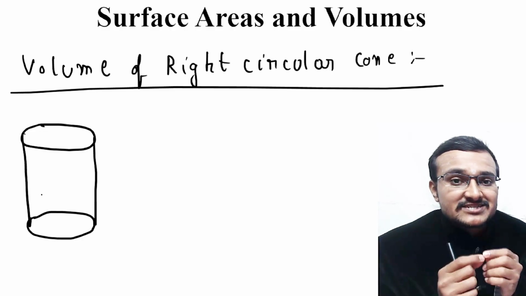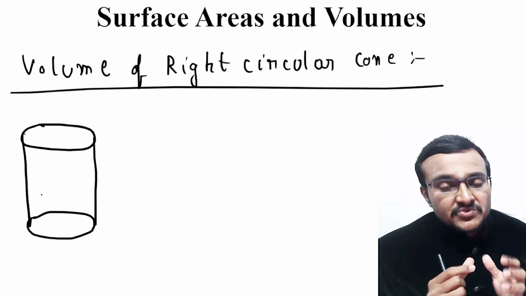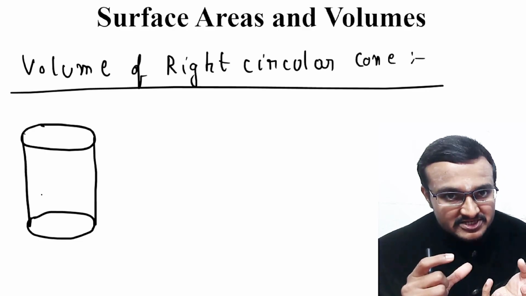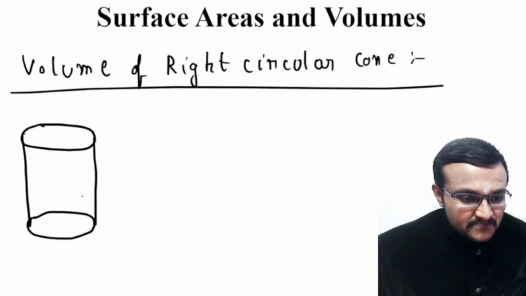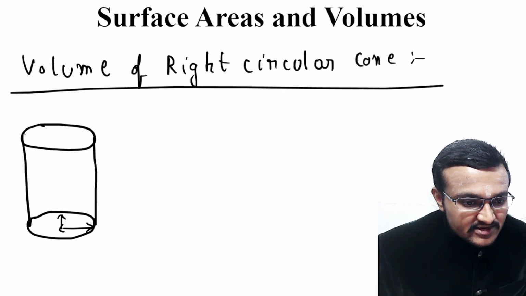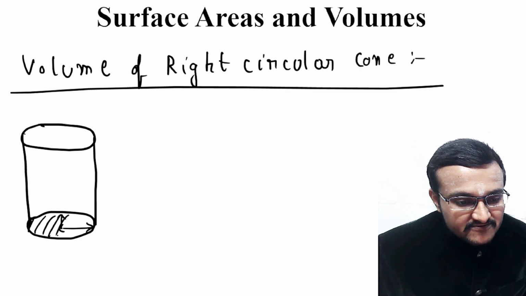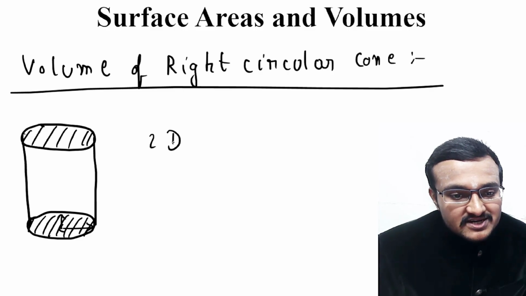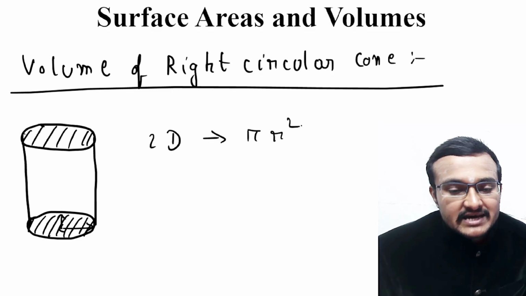But volume is always a three-dimensional quantity. Because volume is a three-dimensional quantity, you have to multiply all the three dimensions. One two-dimension, you can consider as the surface area of the circle. The area of this circle is equal to pi r square.